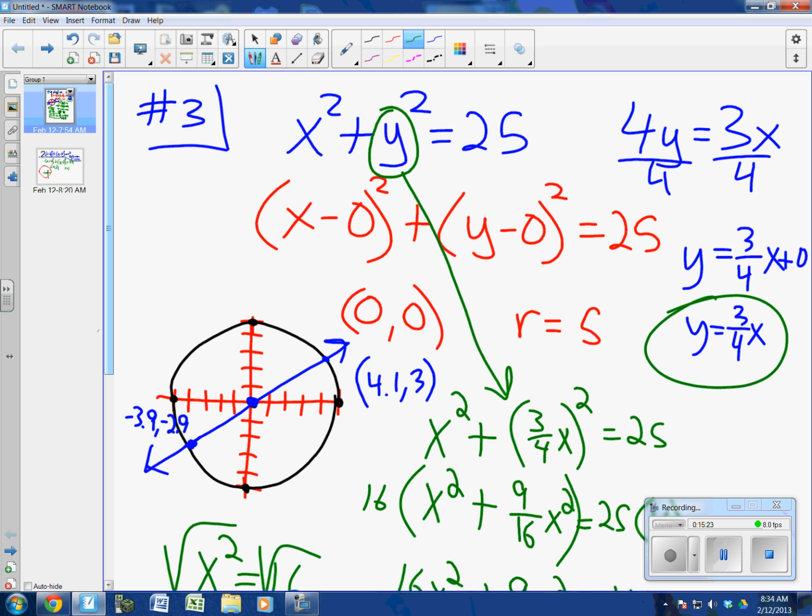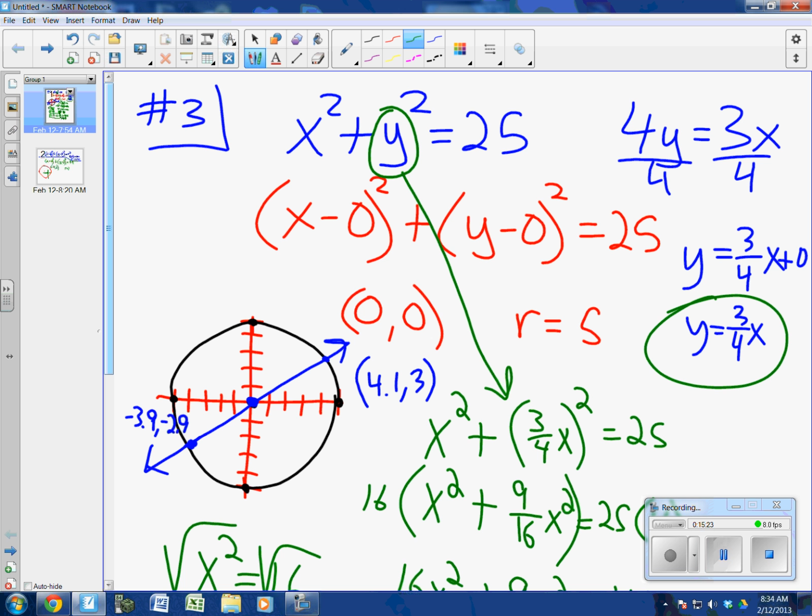3/4 x squared equals 25. Okay? Got it? Then what we did is we squared 3/4 x and got 9/16 x squared, right? Because 3 squared is 9, 4 squared is 16. And then to get rid of the 16 on the bottom, I times both sides of the equation by 16. So I now have 16x squared plus 9x squared equals 400. And then I combined.